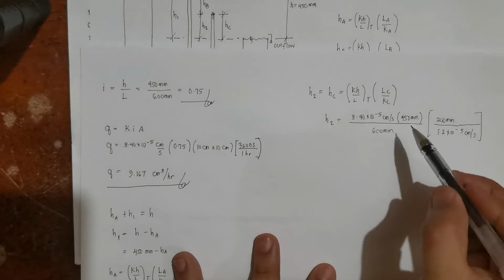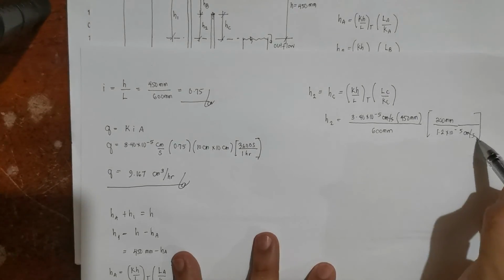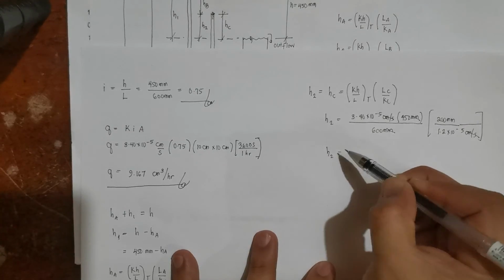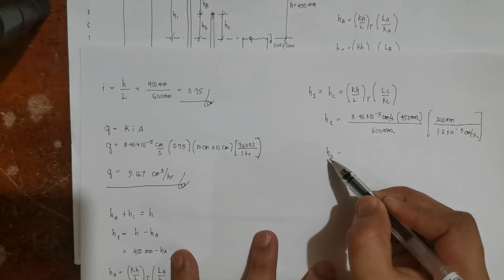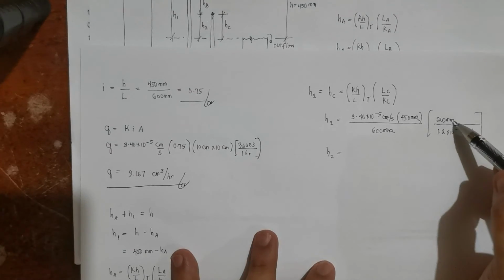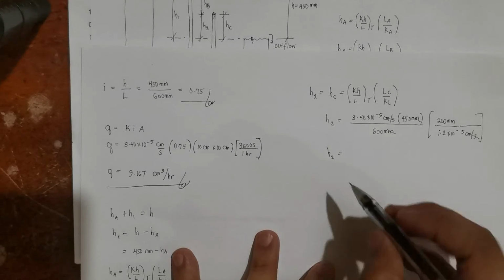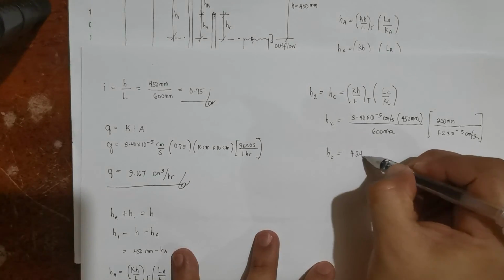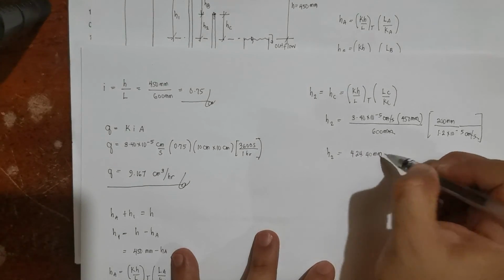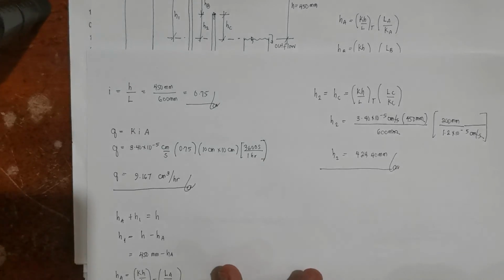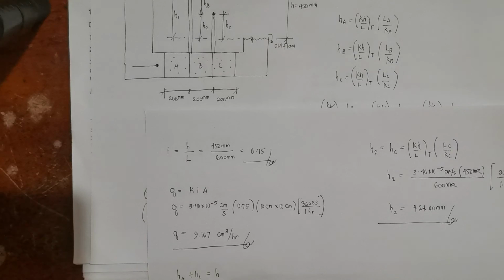So centimeter per seconds will be cancelled. The resulting unit of head loss of soil C is in millimeters, and that will give us a value of 424.40 millimeters. And these are the requirements for the given problem.